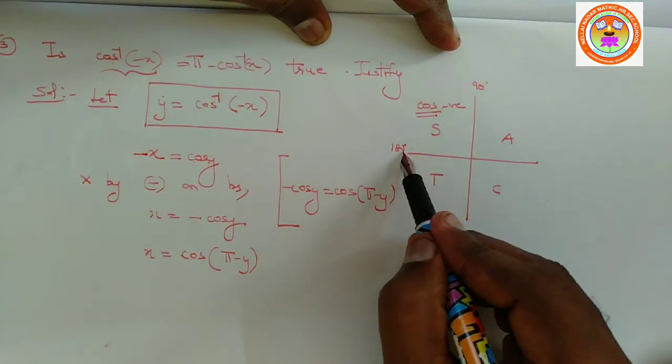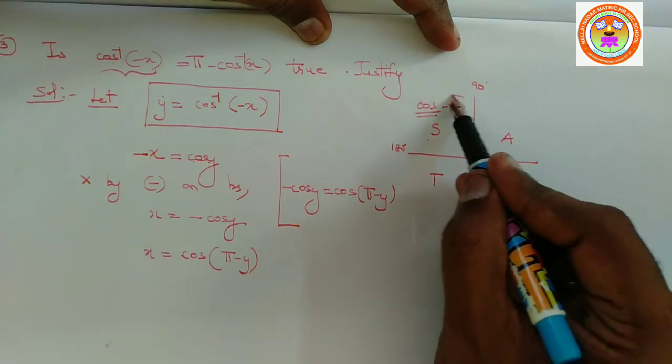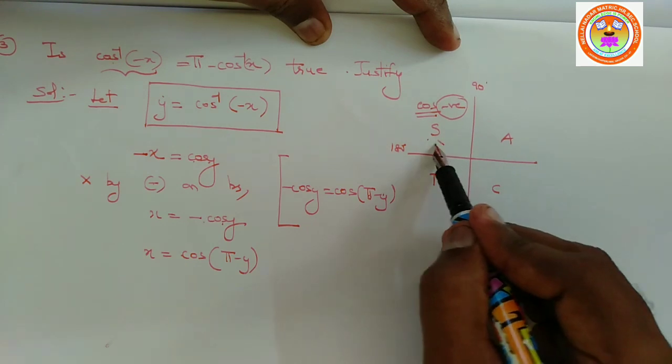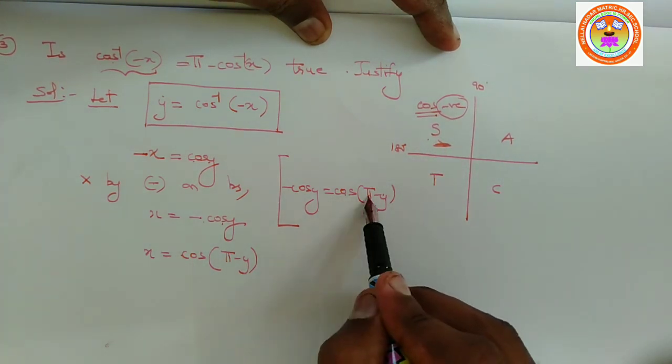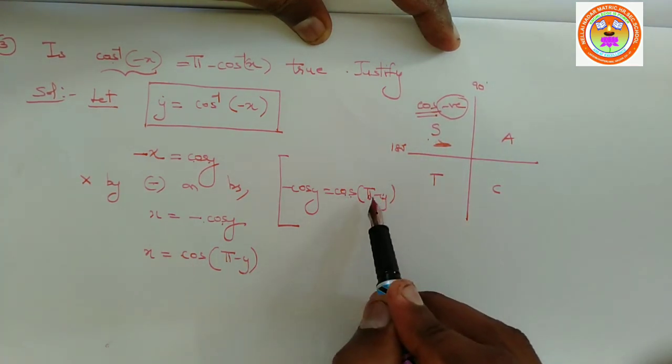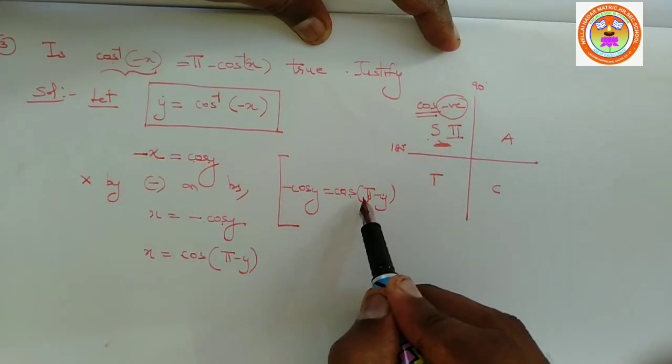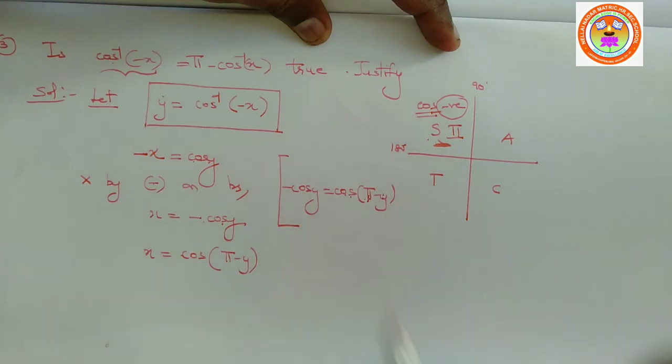Pi means the ratio should not change, and cos is always negative in the second quadrant. So cos of 180 minus y lies in the second quadrant, so only cos is positive... rather, cos is negative, so we can write minus cos y.